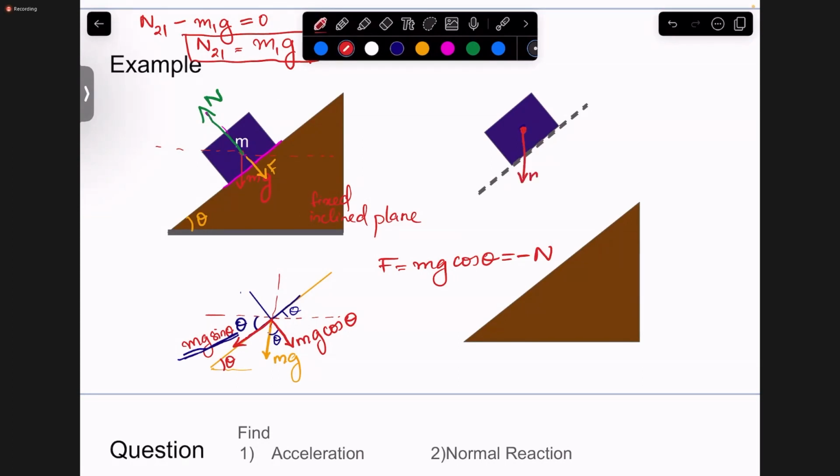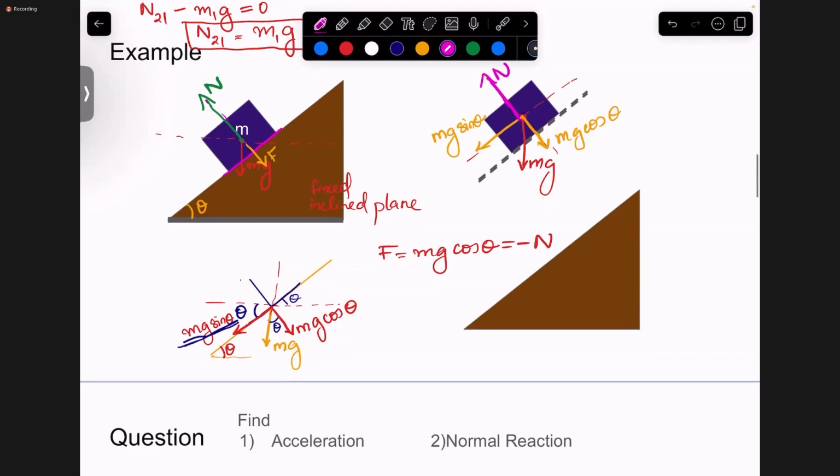This is mg, and you have to see what is perpendicular to the surface and parallel to the surface. So the parallel component is mg sine theta, and the perpendicular component is mg cos theta, and there is a normal force.